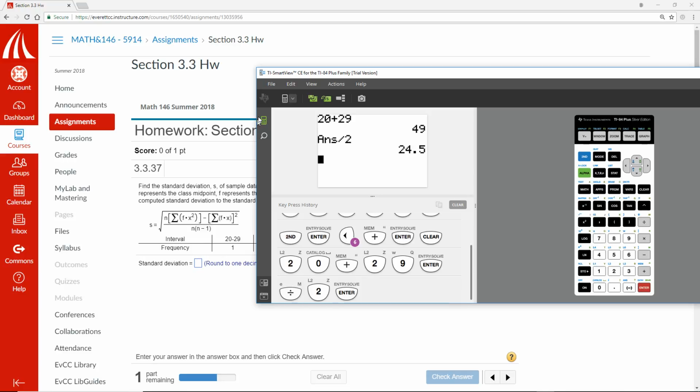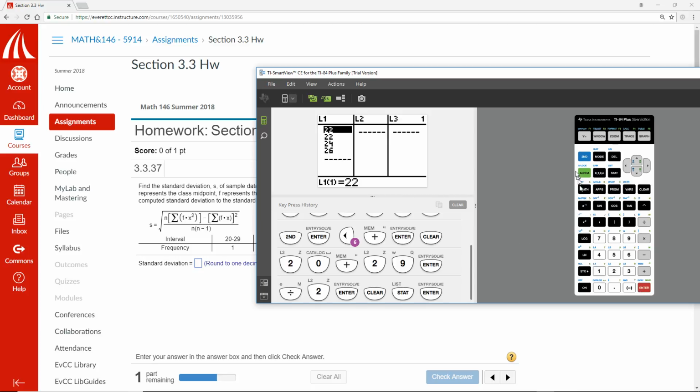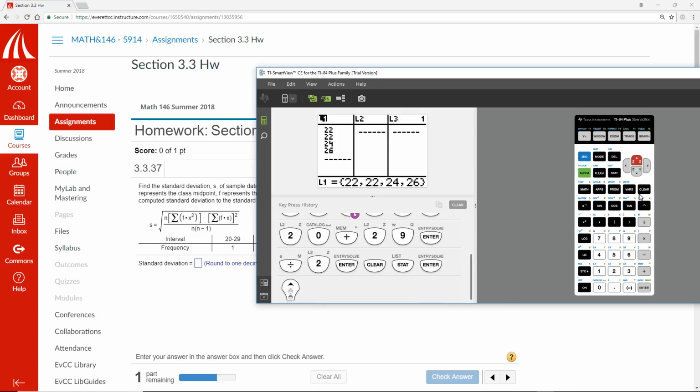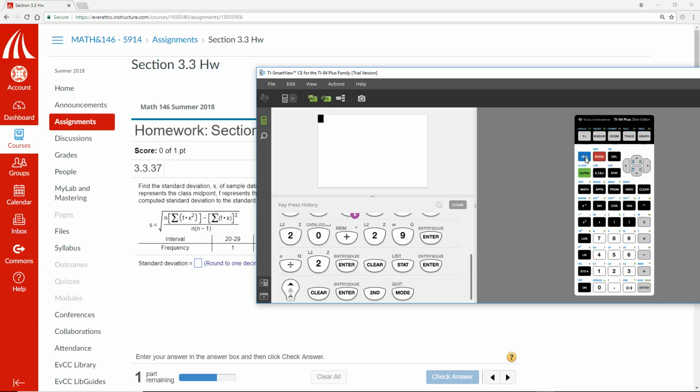So I'm going to put that in a list. I'm going to clear this out. Go to Stat, Edit. I'm going to clear this list out as well. Stat, Edit, Clear List, and put in, I think I just forgot what it was. We go back to the home screen. Okay. Let's see.